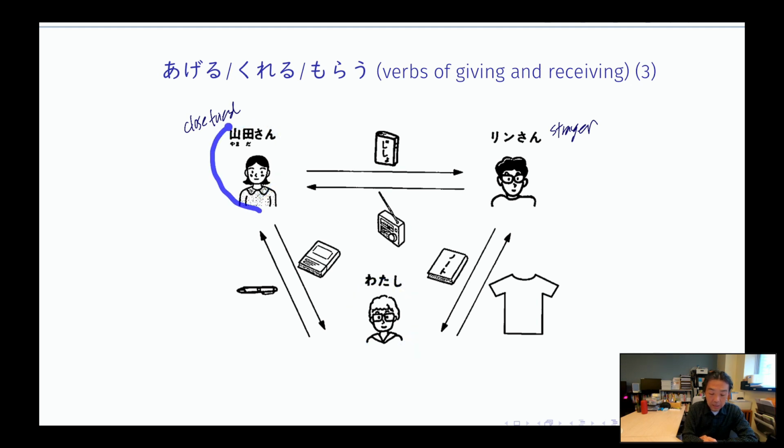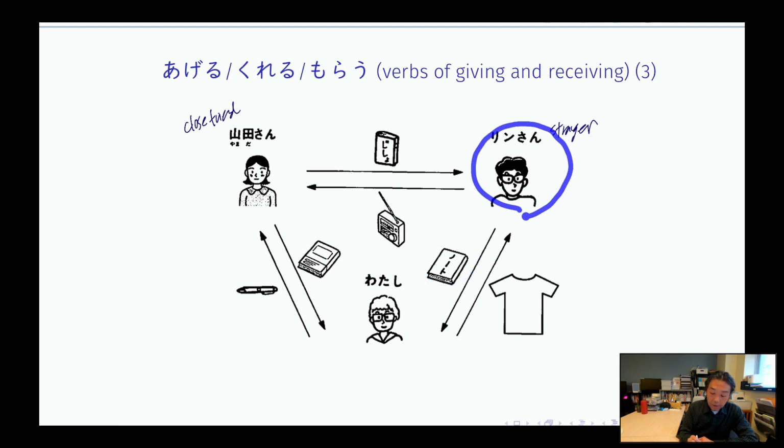Since Yamada-san is the giver, Yamada-san is the subject of the sentence, right? 山田さんは私に本をくれる。山田さん gives a book to me. Right. Let's think about this transaction.